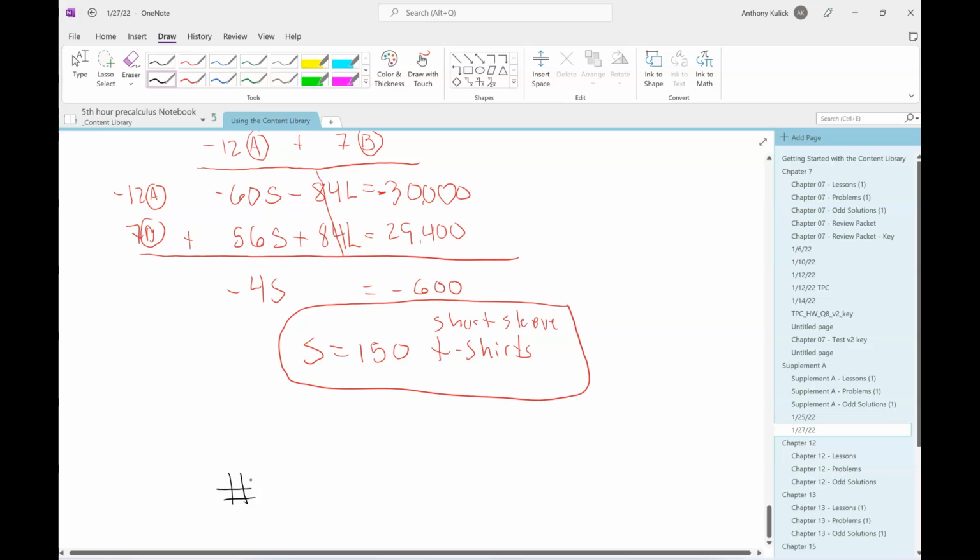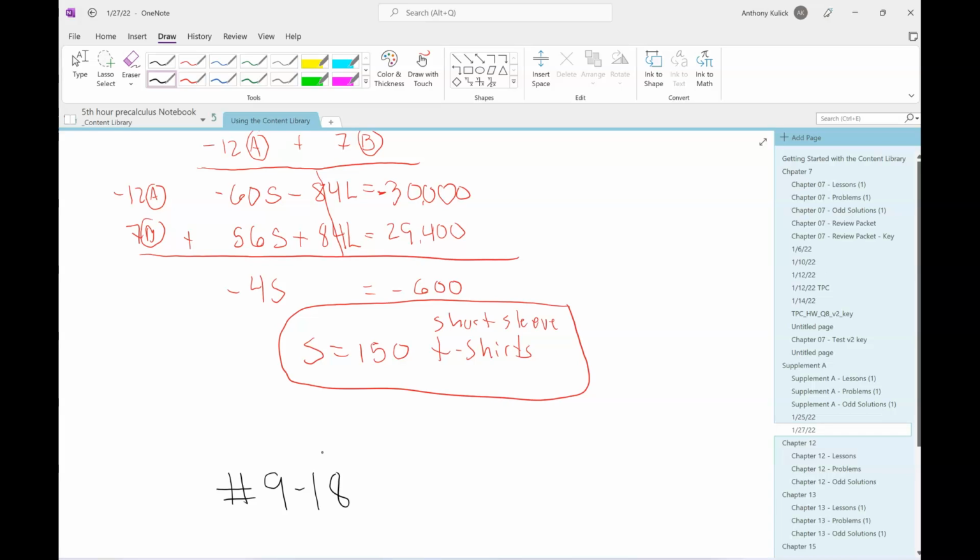Let's choose here as a decent place to stop. We're going to add on to our problem set, 9 through 18. Just as a heads up, you can see up on the board I have the relevant dates for the rest of this chapter.